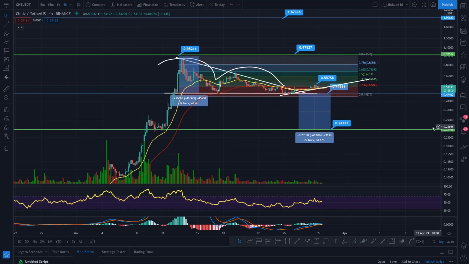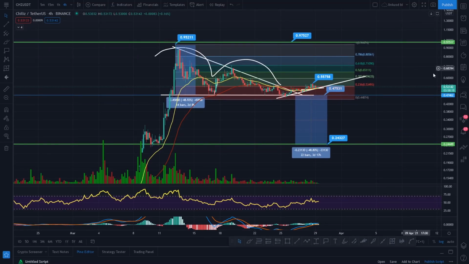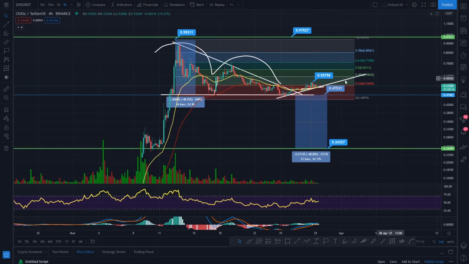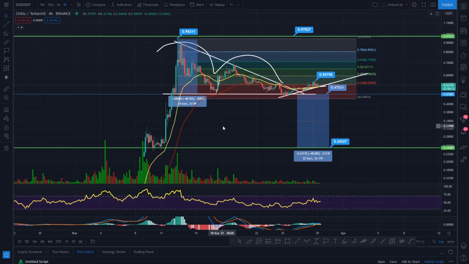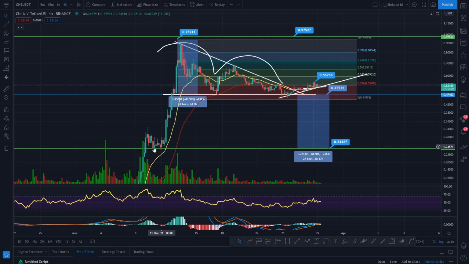So that is potentially on the cards. I'm not saying we're fully bearish, I'm not saying we are going to break down, but you have got to be aware of the support levels if you was to break down, and you have got a confirmation of that being a very strong support level, because you've got the previous swing low there.